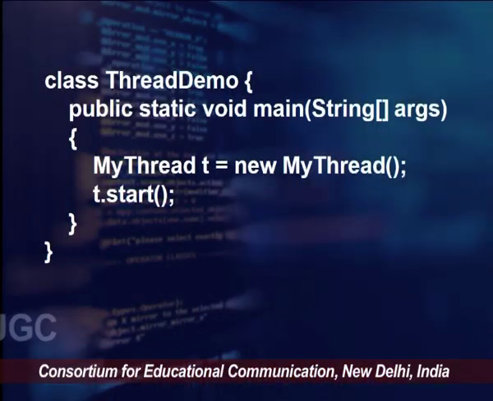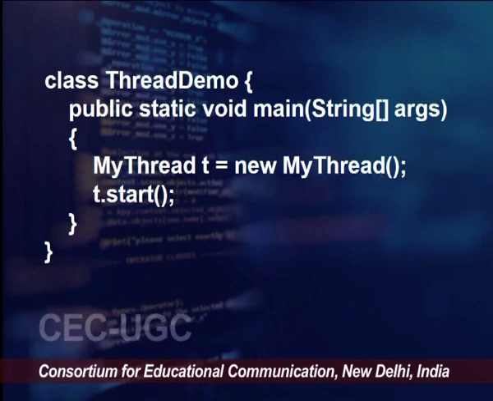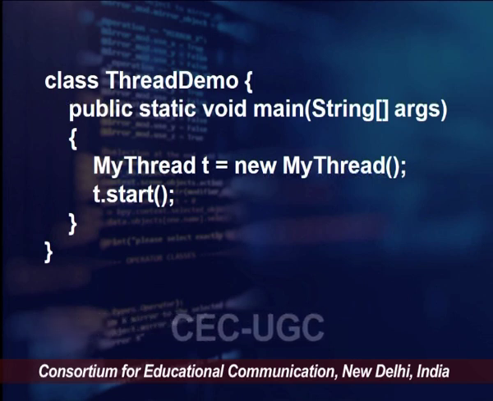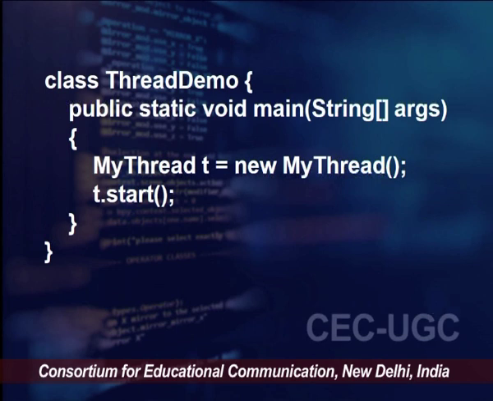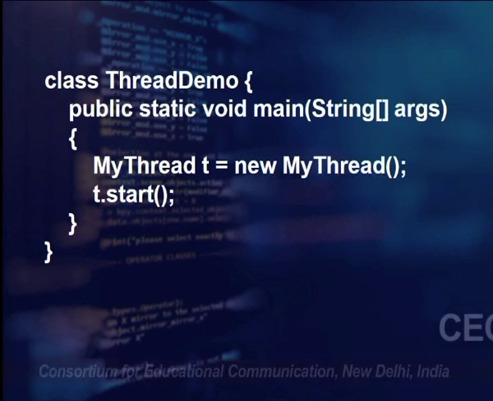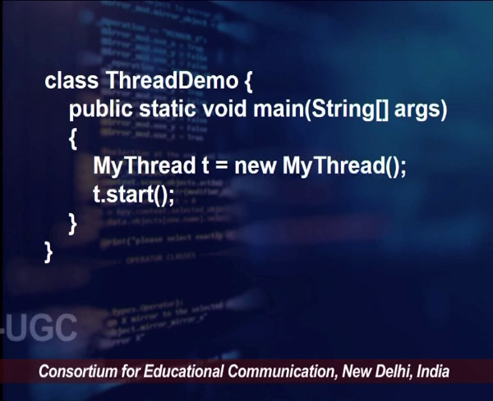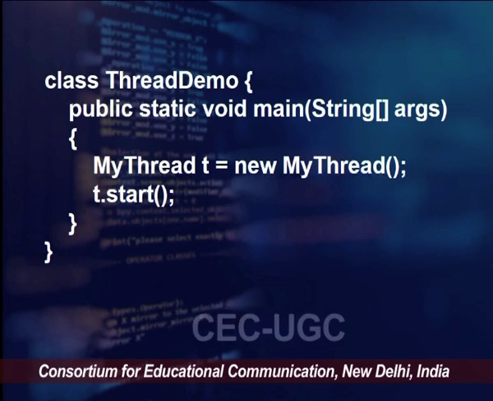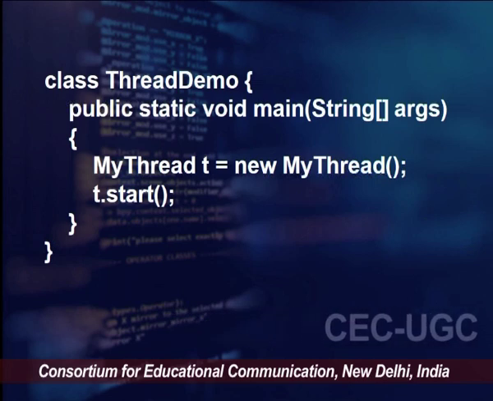Inside this main method, we have created one instance of the class MyThread, and we have started it, so we have actually created one thread with t.start, but we have not given any name here.